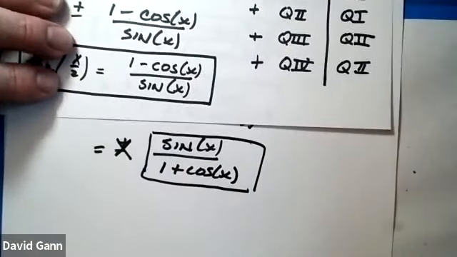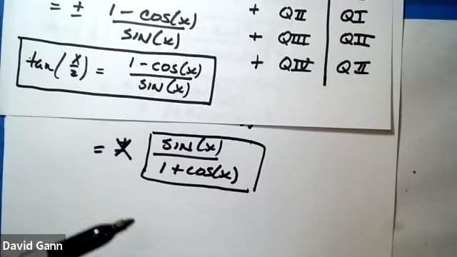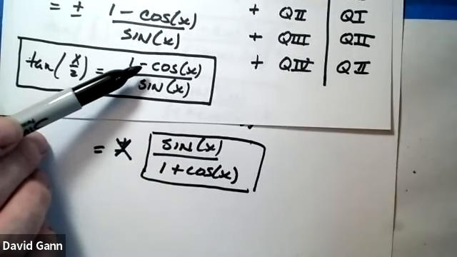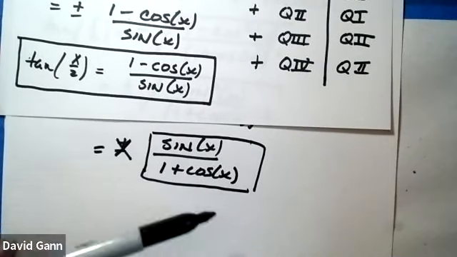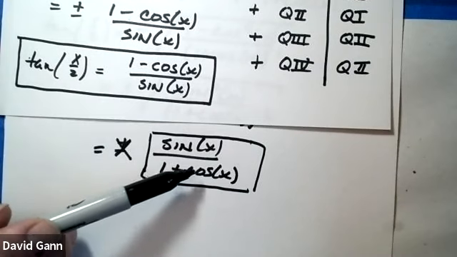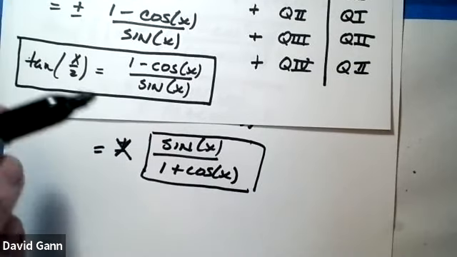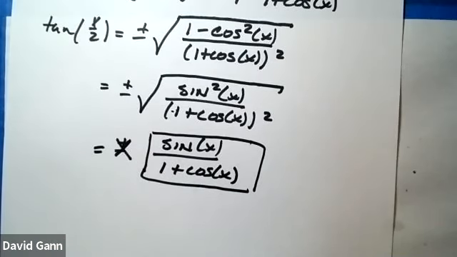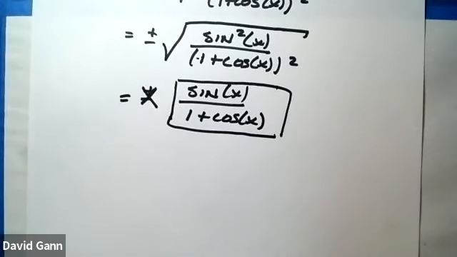I think if I remember correctly, it's like a 2-step proof, because you just end up multiplying the numerator by the denominator of this one. You multiply this quantity by the ratio of 1 plus cosine of x over 1 plus cosine of x, and then you work out the details. Some things start to cancel, and you're left with this. So you can take a look at that. It's not super important, but it is kind of a mental exercise.